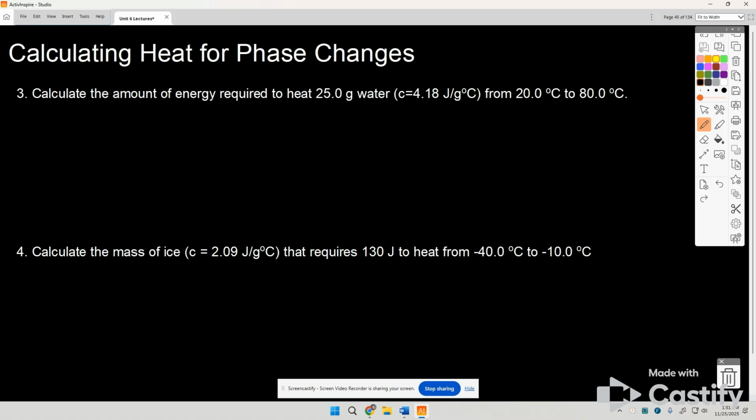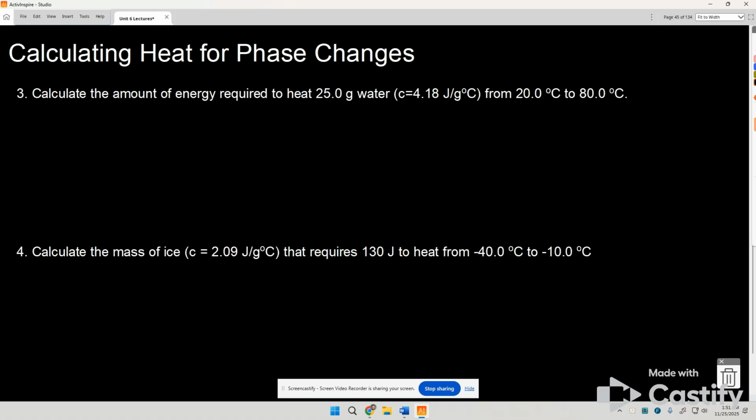Now, looking back, when do we see problems that don't use this same thing? Notice here on problems 3 and 4, we have a C again, that specific heat. We have that C value, and we see a temperature range as well. I am heating or I'm cooling something, so I have a change in temperature.